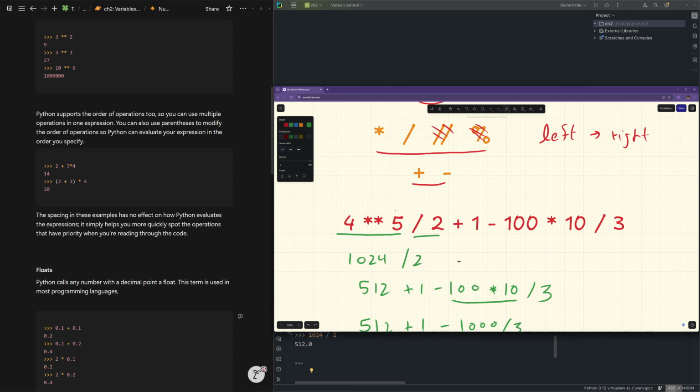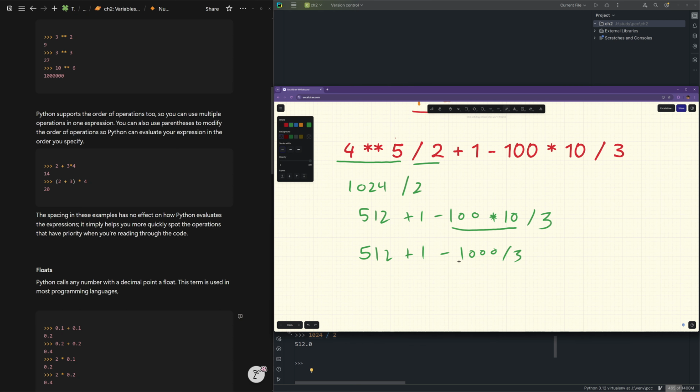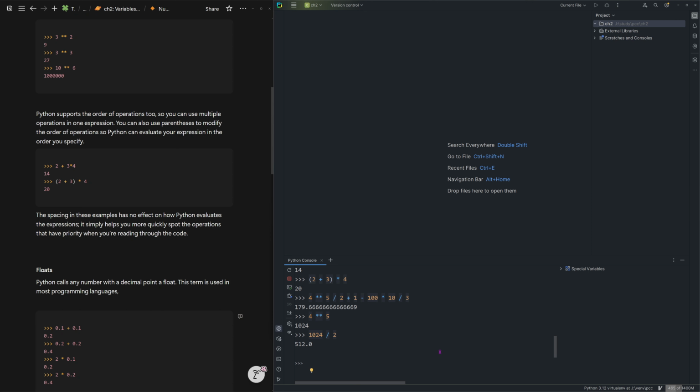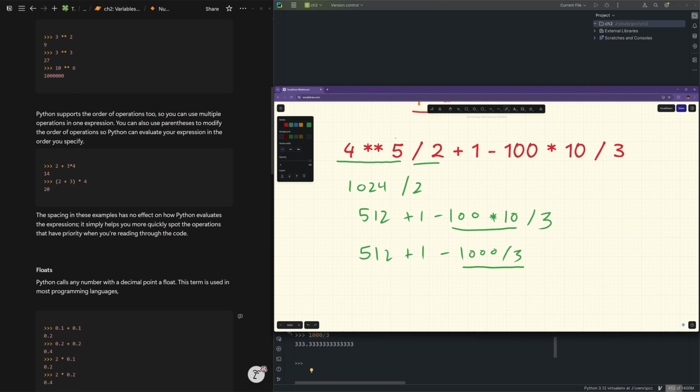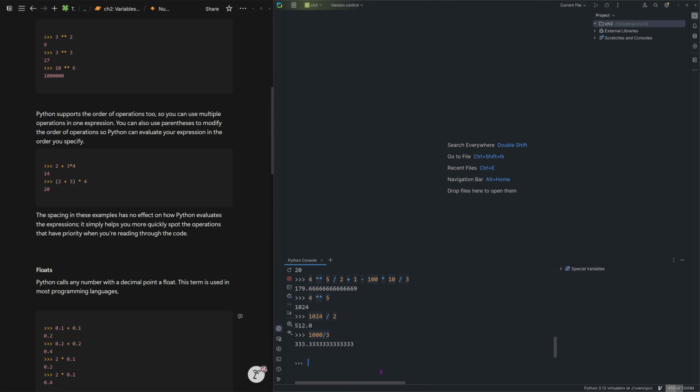Now division comes before addition and subtraction, as I told you, so this part will be done first. Let's divide 1000 by 3, and we get 333.3. Okay, 512 plus 1 minus 333.3.